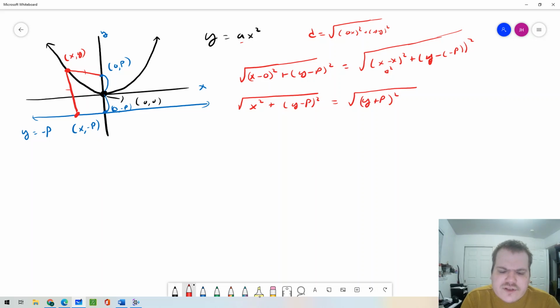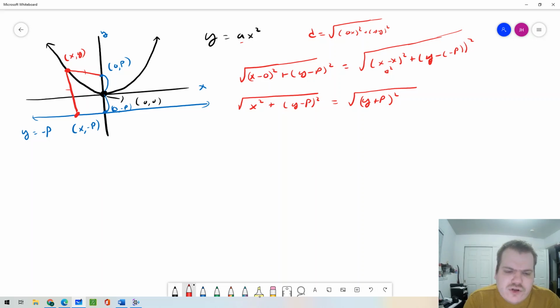I have the square root of something is equal to the square root of something. Now, all of these are defined to be positive distance. In this case, x here is actually going to be negative. That's going to be my only negative value, but it's going to be a negative value squared. So all of my values under the square root are going to be positive, since every term under there is being squared.